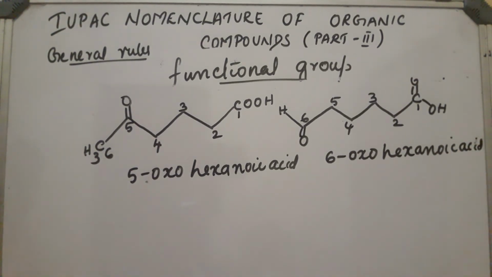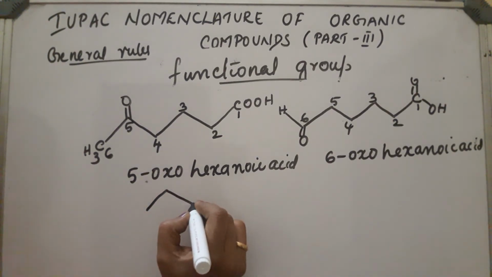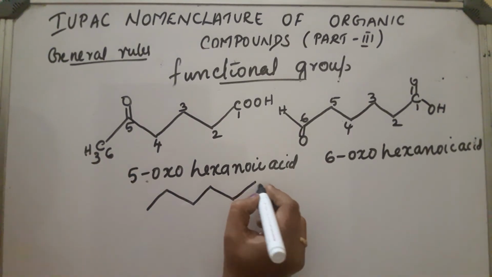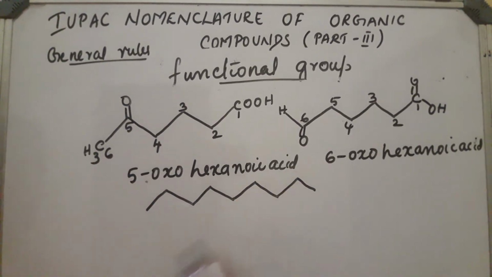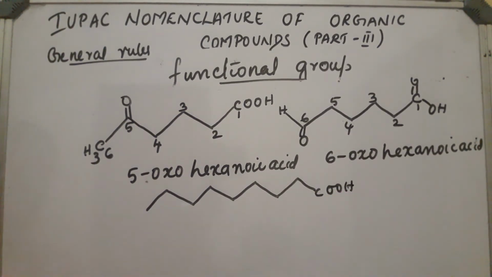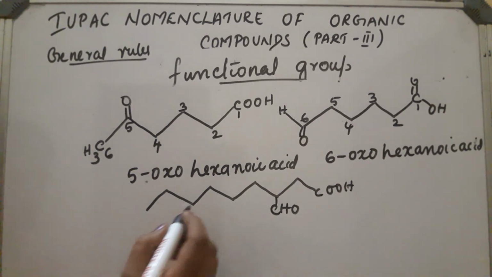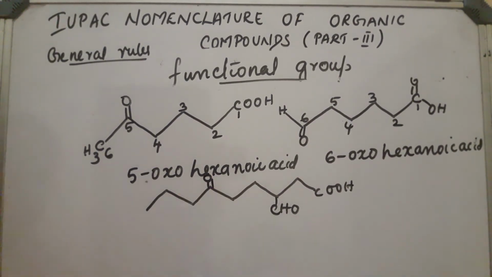Now let us see the next example. Take this compound. Here there is a COOH group, and here one CHO group, and here one double bond, that is a keto group.